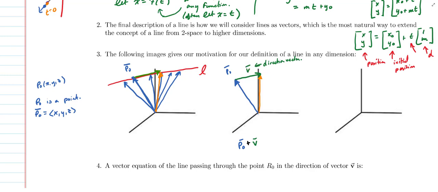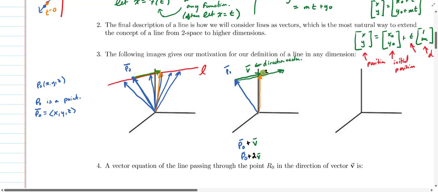For example, if we wanted to think about P naught, and here I'm color coding again, plus 2 times vector v, all I would do is take 2 vector v, which would be this vector right here, and then add P naught to this green vector, this direction vector that's been scaled by a factor of 2.